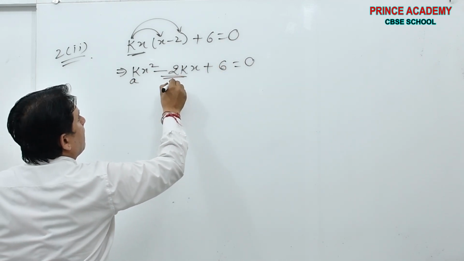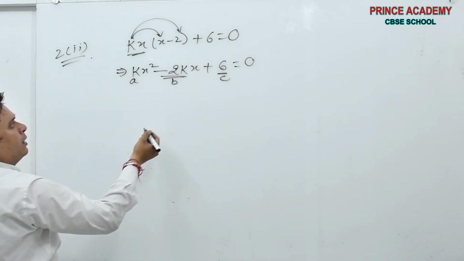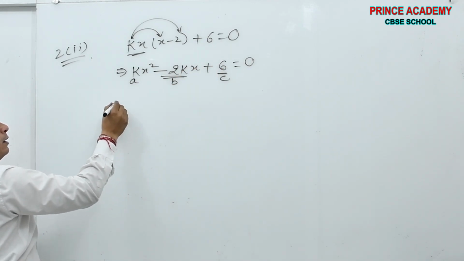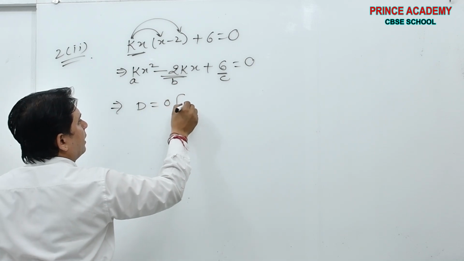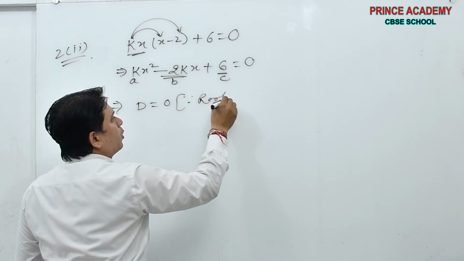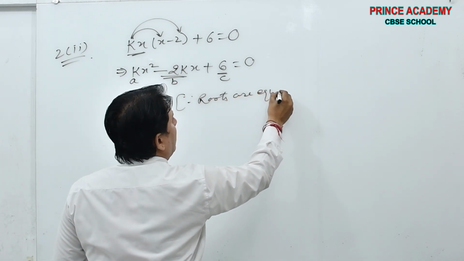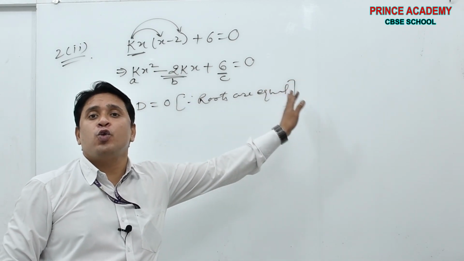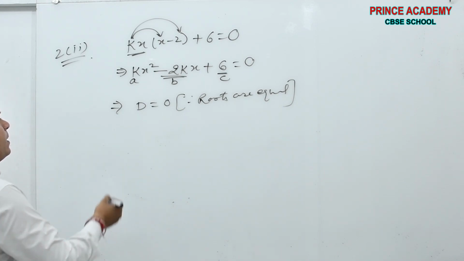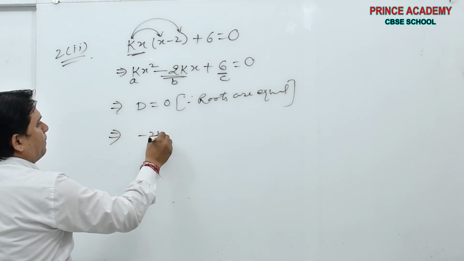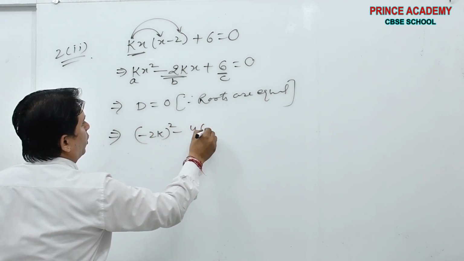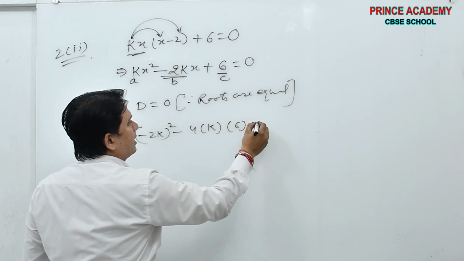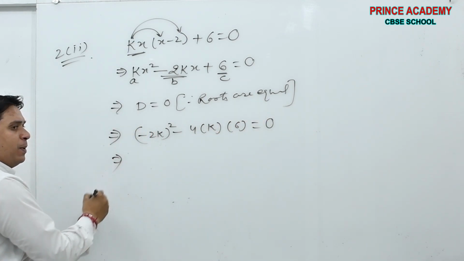A, B, C. Here D is 0. Why? Because roots are equal. It is given. Therefore, B square minus 4AC is 0. Done. Yes or no, beta?